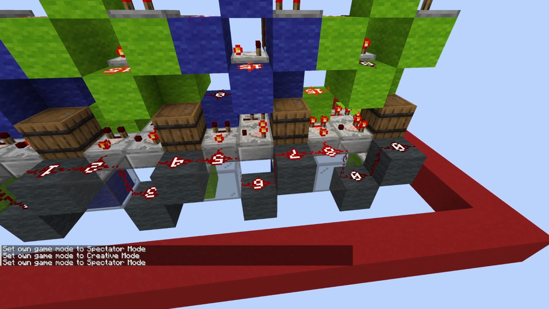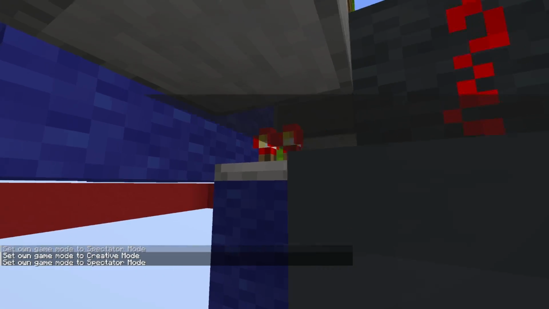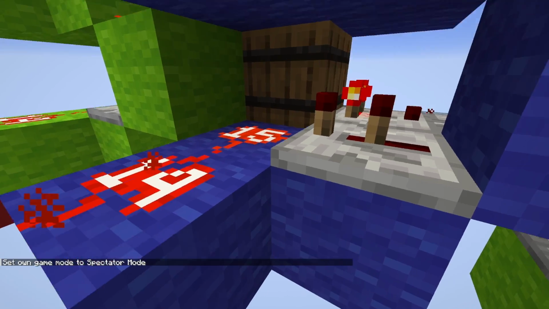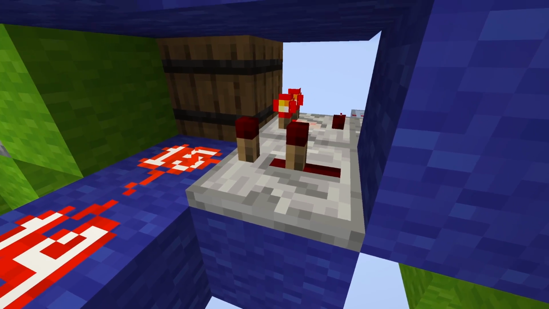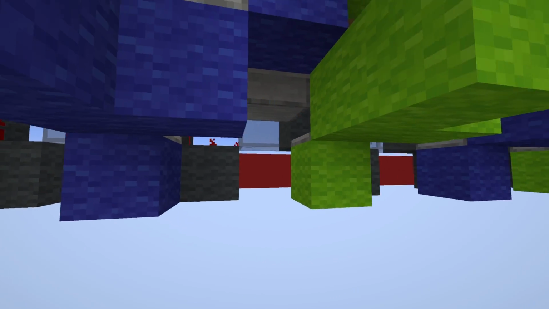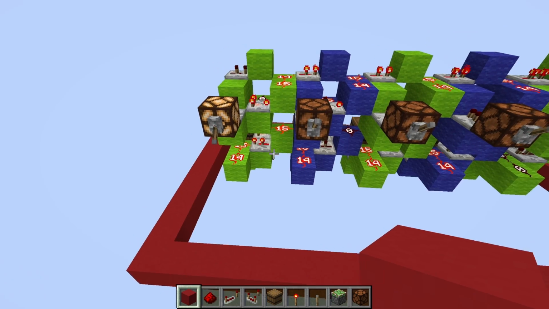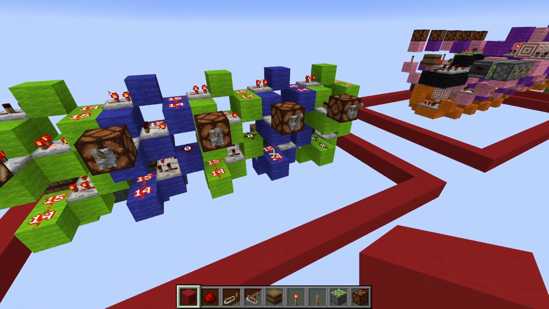And if I pop on over to spectator, you will see that these are being read by these repeaters here, and that's going into the same line. So it's being ORed with this signal that would be coming in from this repeater over here. So you can see it down here as well, and you can see it all along the bottom just like that. So that's how it perfectly marks itself as well as the next 3 only, without going all the way to the 4th.